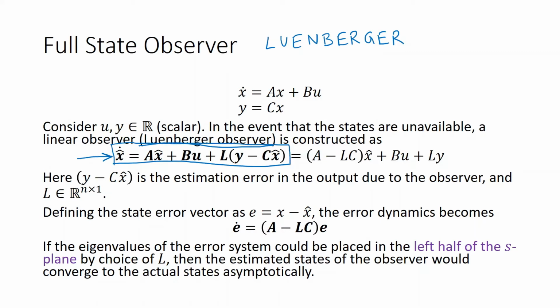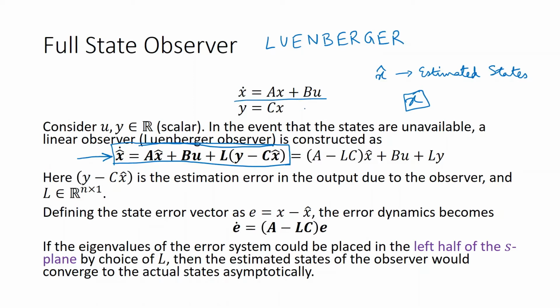With the help of this state dynamics, we are able to calculate x hat at any point of time, and that x hat is the estimated states, the estimation of x, which is the real state of the system.